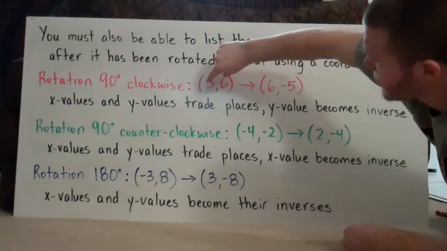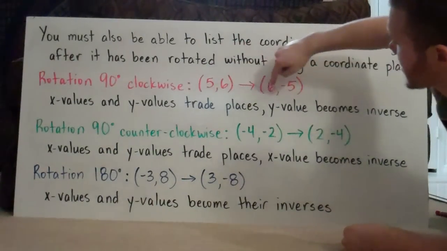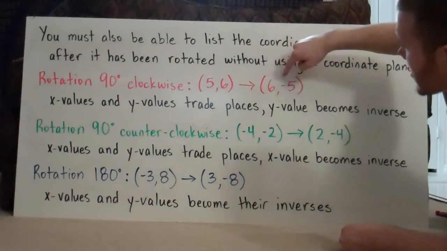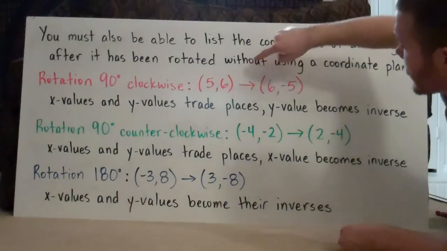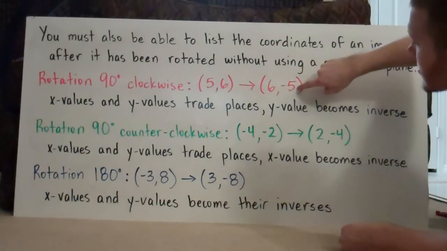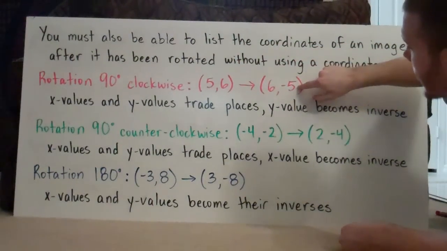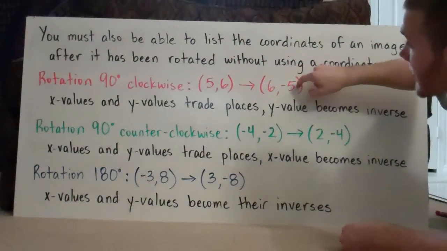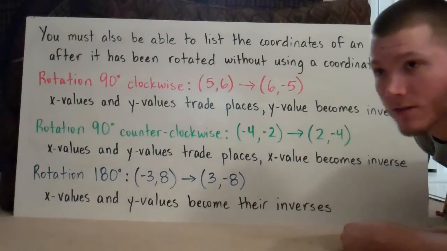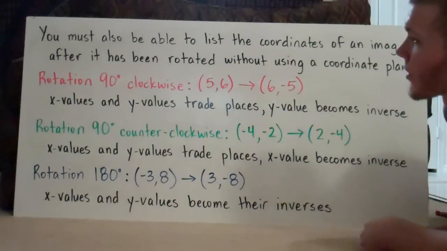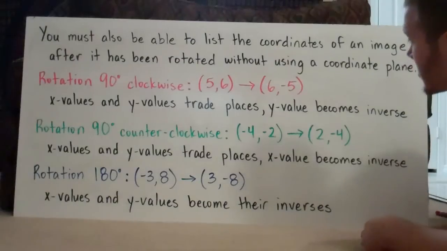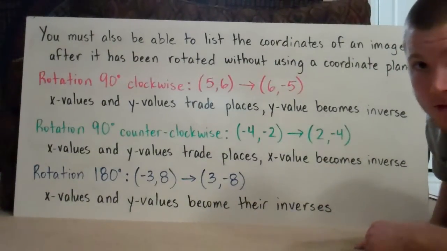The values switch places, so it goes 6, 5 instead of 5, 6. And then the y value becomes its inverse. So it was 6, 5. We switched them, and then the y value becomes the inverse. The inverse of +5 is -5. Alright? So the x values and y values trade places, and the y value becomes the inverse.